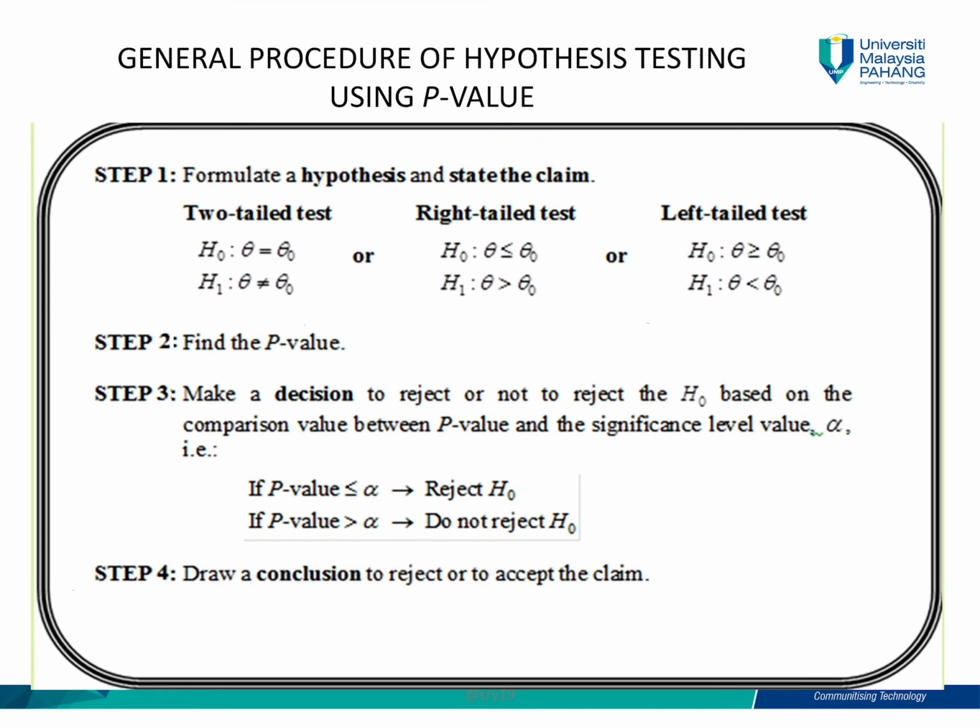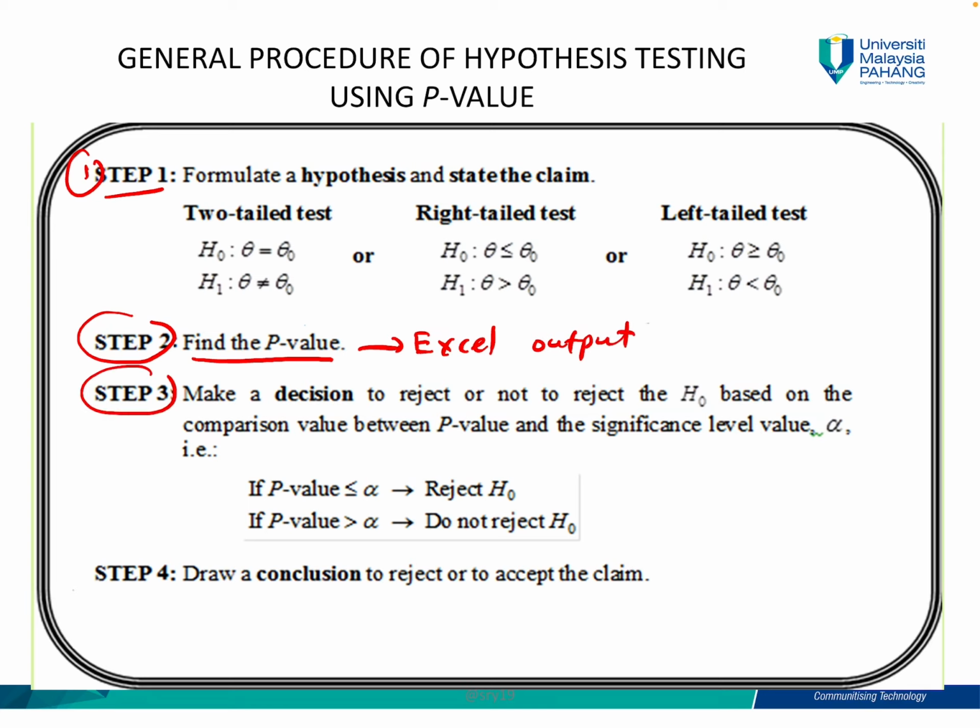Okay, next. Procedure in hypothesis testing using p-value. So the first procedure, you must formulate the hypothesis. Wrong hypothesis, your decision is wrong. So step number 1, formulate the hypothesis. Step number 2, find the p-value from the Excel output. From the Excel output given, you can find the p-value.